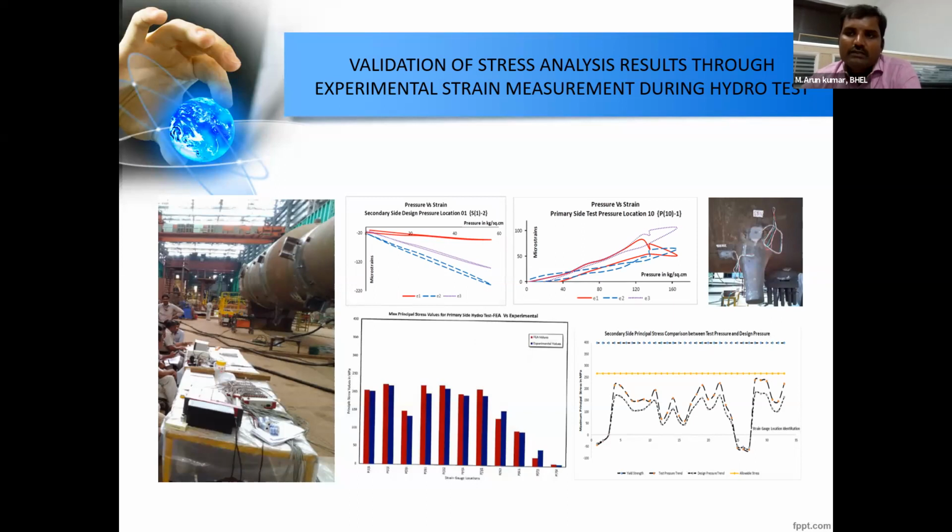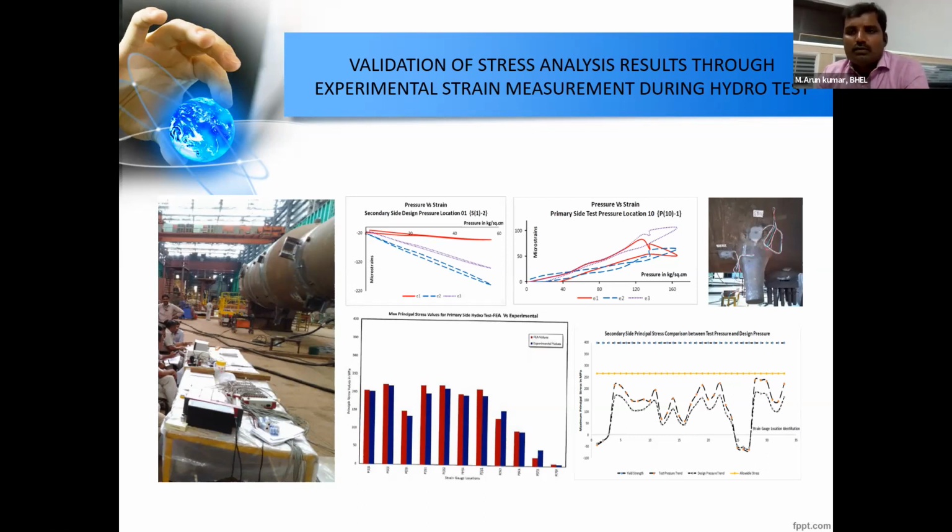So we started developing codes in Fortran language, so that by changing the thickness and by modifying all other parameters like temperature and pressure, because this is one of the critical components which experiences both the operating regimes, that is tube side pressure and temperature, and shell side pressure and temperature.